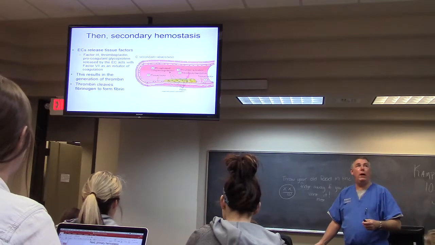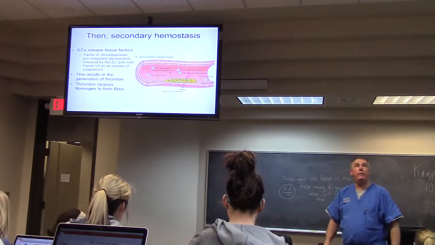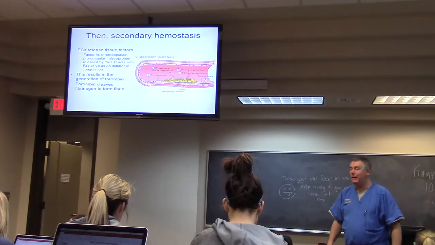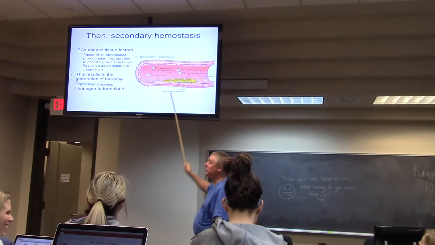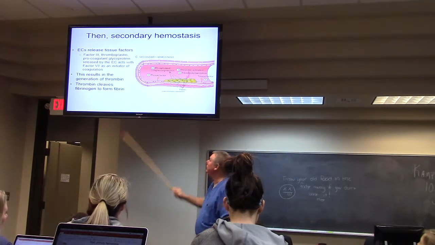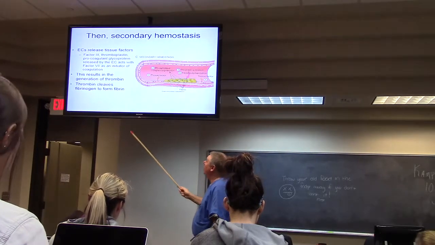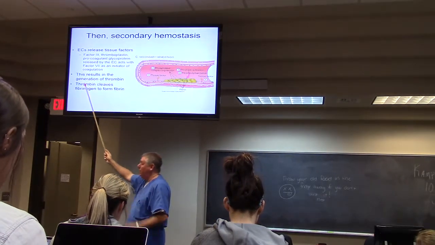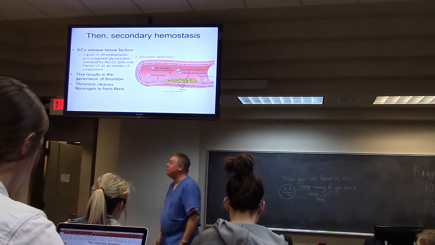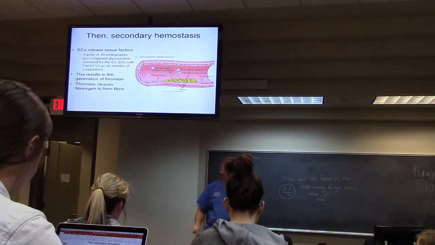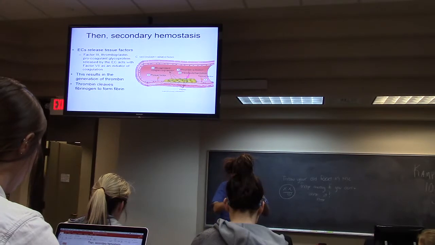All right, so endothelial cells, man, that's really got to be good stuff. This process continues. You get more and more platelets stacking up on each other. Throughout the process, you're going to start winding up with thrombin, which is the part of the clotting cascade that's sort of the end.